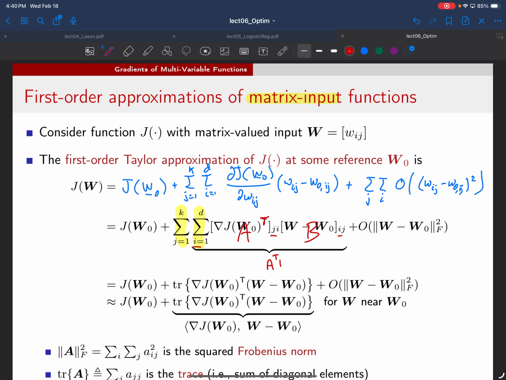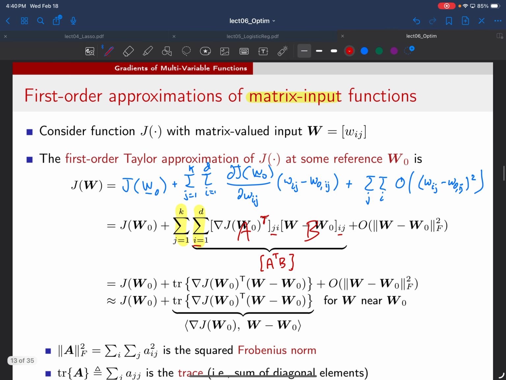You're right, it's A transpose B, but this is a whole matrix, right? So which row and column? It would be the jth. Exactly, right.